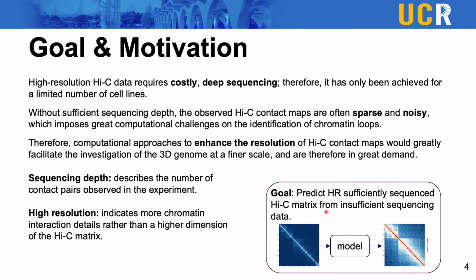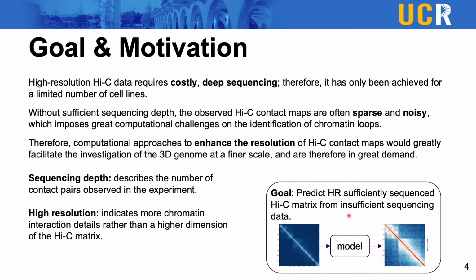Our goal is to predict a high-resolution, sufficiently sequenced Hi-C matrix from insufficient sequencing data. Here, high resolution indicates more chromatin interaction details, rather than a higher dimension of the Hi-C matrix. Given a Hi-C input dataset, it can be processed into a matrix of any arbitrary bin size.